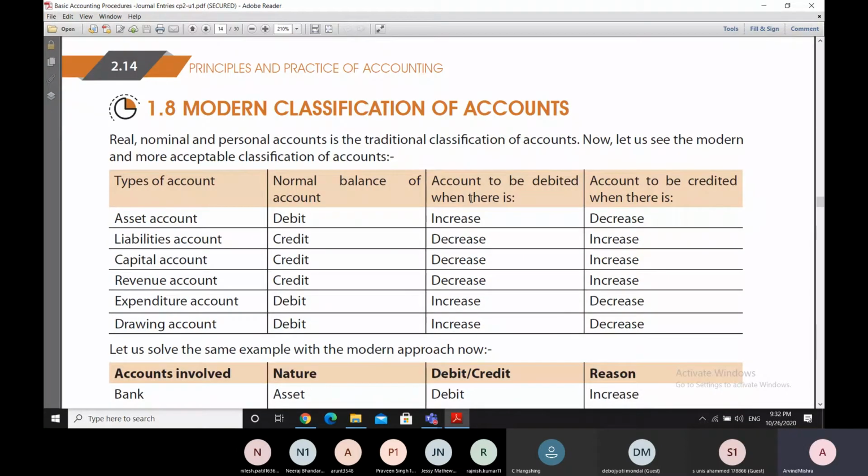So in the modern classification, in the traditional classification, only three types of accounts were recognized: real, nominal and personal. However, in the modern system, accounts could be of any of these six categories: asset account, liability account, capital account, revenue account, expenditure account, and the drawing account.